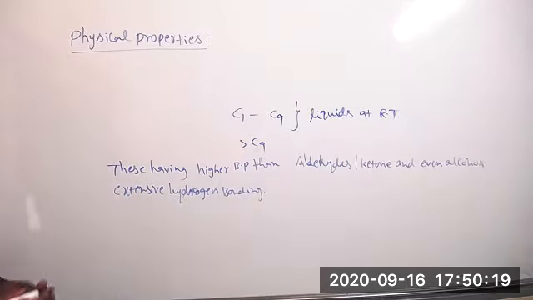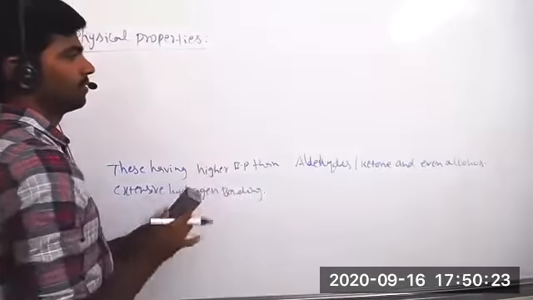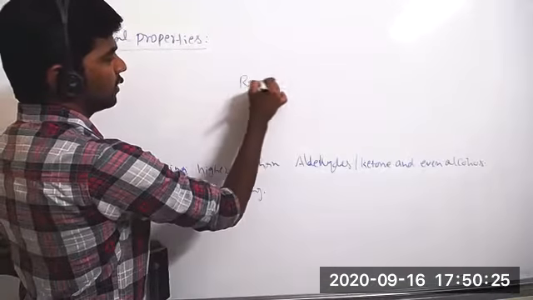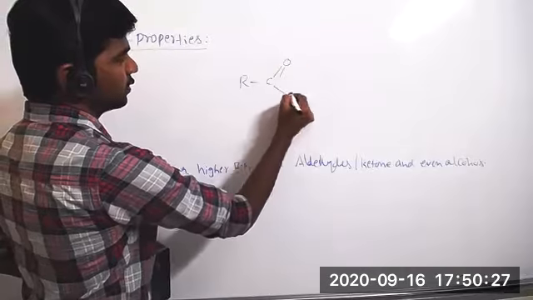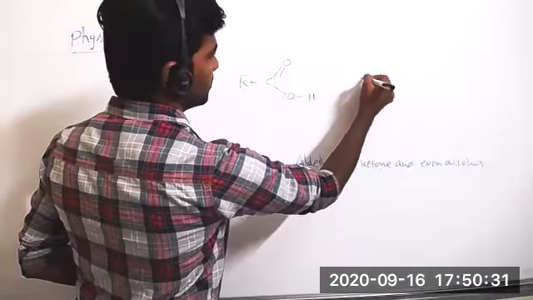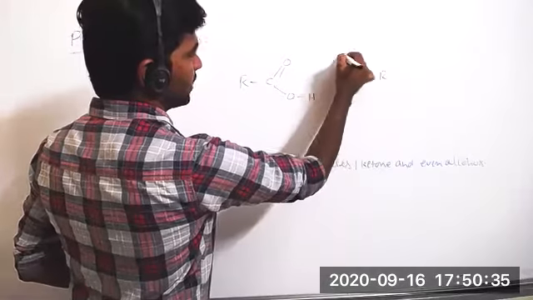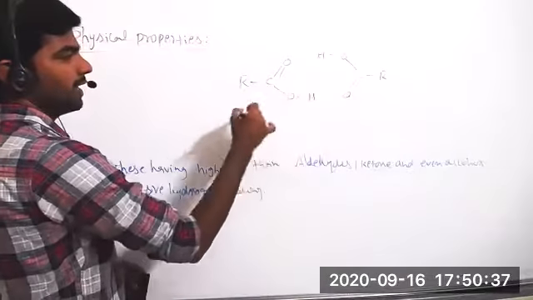See, it's hydrogen bonding between the C double bond O and OH, so a dimer is formed.